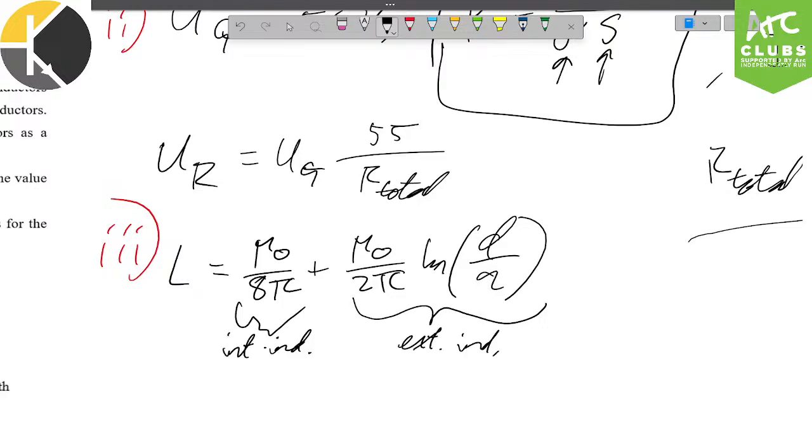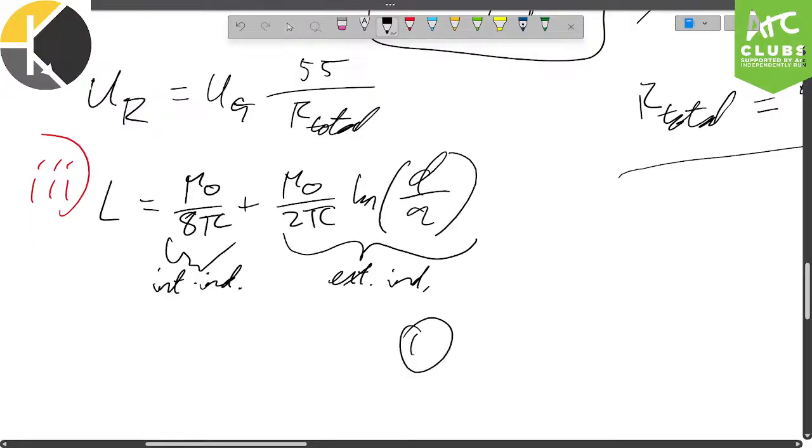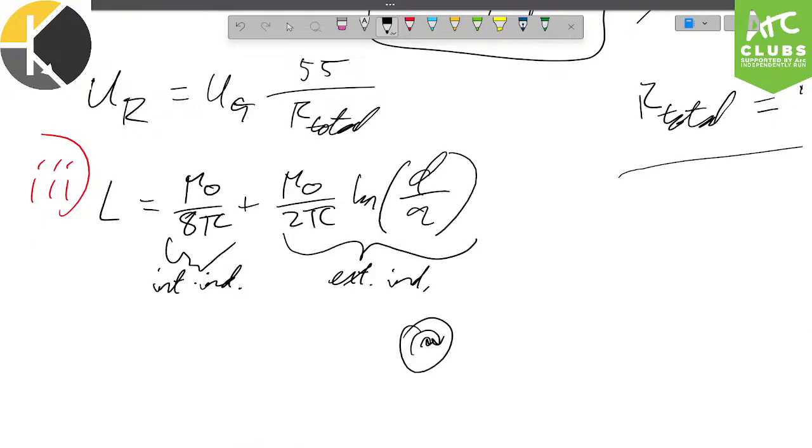The internal inductance is within the wire we observe certain magnetic fields of varying strength as we go towards the outside of the conductor. And then the external inductance is concerning that, I guess, external to the inductor.